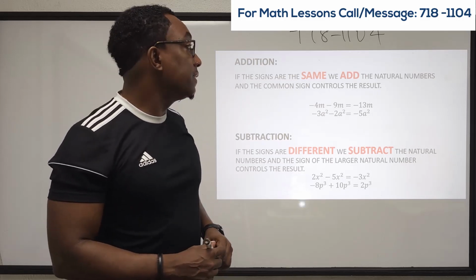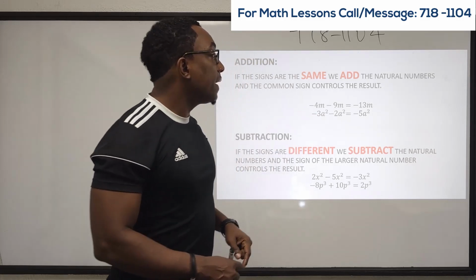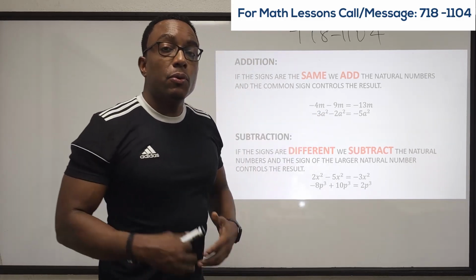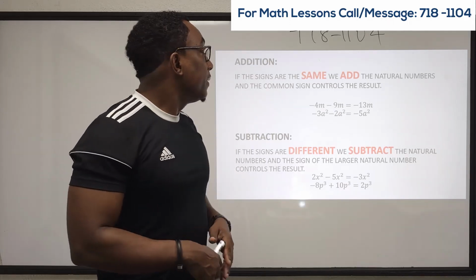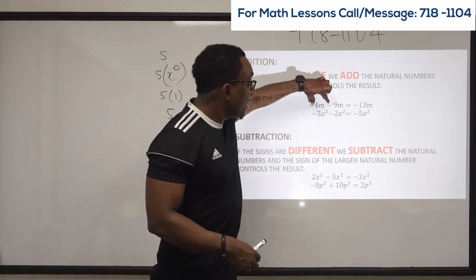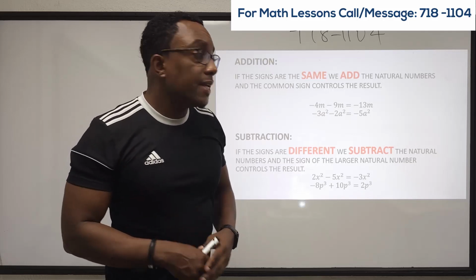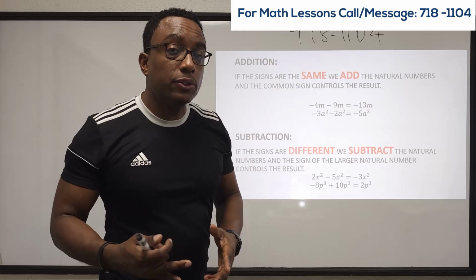We get negative 13m. If we have negative 3a squared minus 2a squared, first, these two terms are like terms, so once they are like terms, we can apply our rules of addition in this case. So we look at our signs next, and we clearly see our signs are the what? Same. So once the signs are the same, we're going to add the two natural numbers. 3 and 2 are your natural numbers.